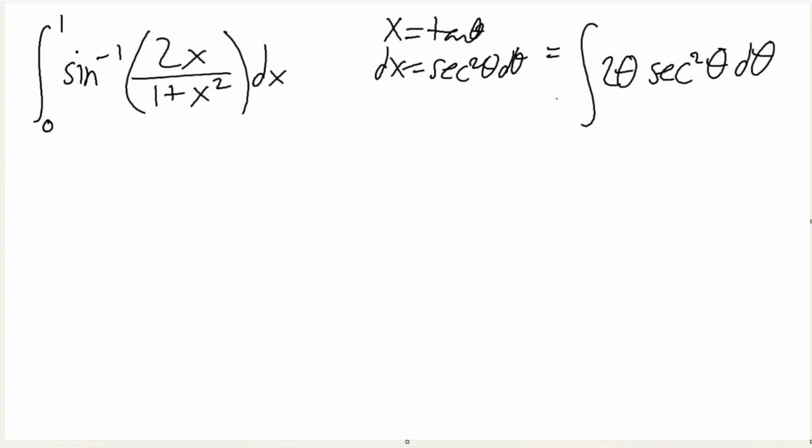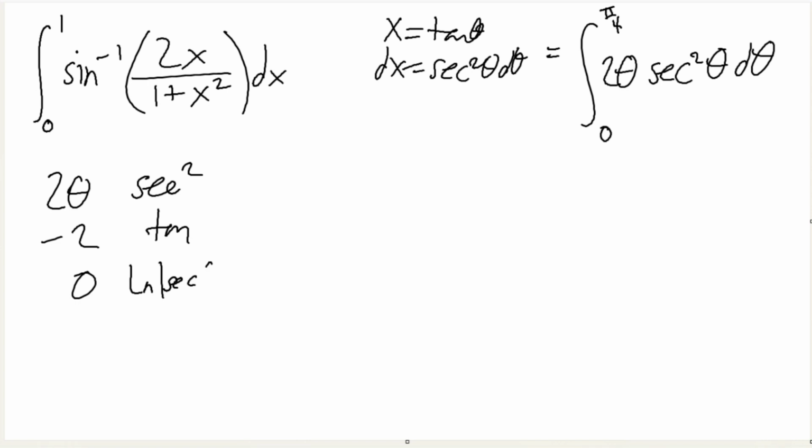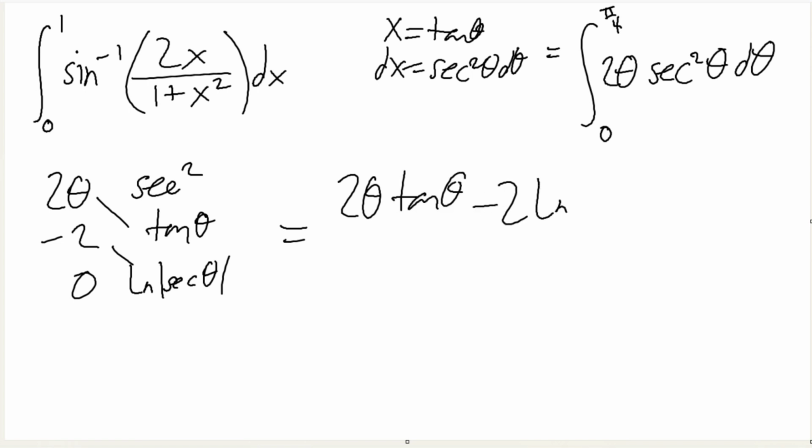And then for 0, it's 0. For 1, it's pi over 4. Okay, so now we do integration by parts. Secant square is tangent. Tangent becomes ln of secant theta. So now we have 2 theta tangent theta minus 2 ln of secant theta.